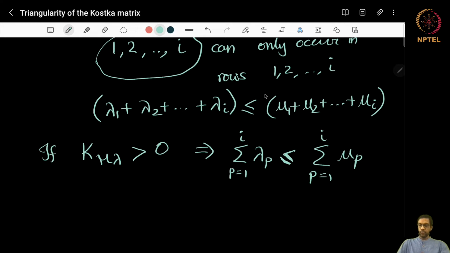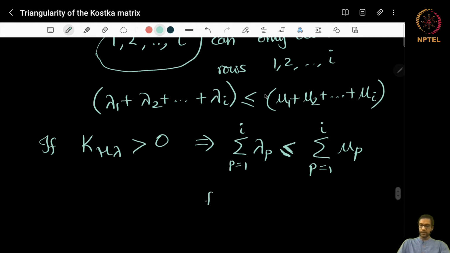And for what i's is this true? This is for all i going from 1, 2, 3 till L, where L is the length of lambda, if you wish.